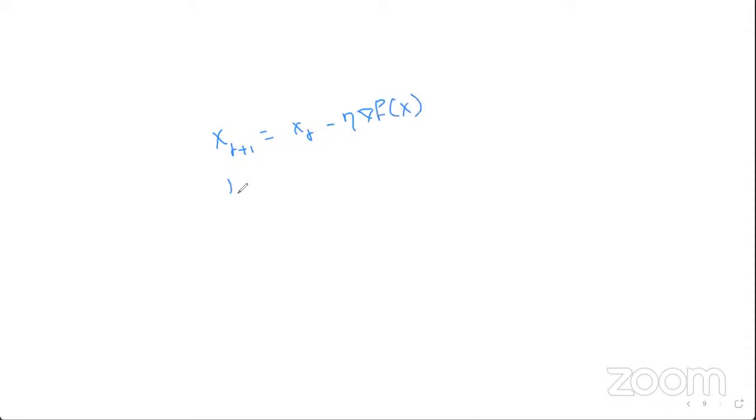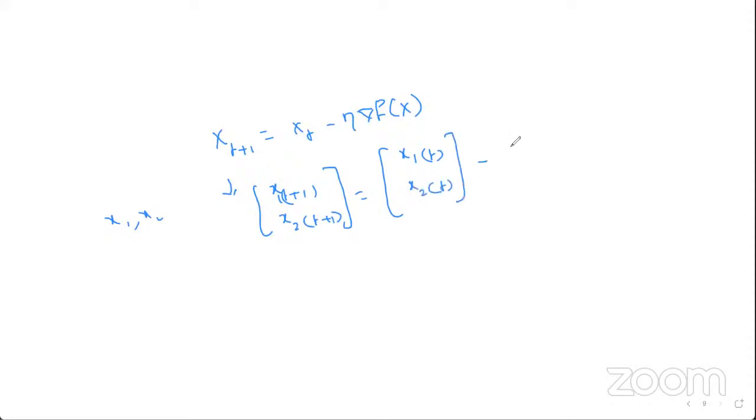Okay, which basically means in our particular example of x1 comma x2, this is going to be equal to x1 t plus 1, x2 t plus 1. It will be equal to x1 t, x2 t minus eta times the gradient.